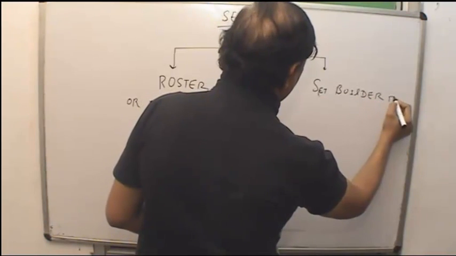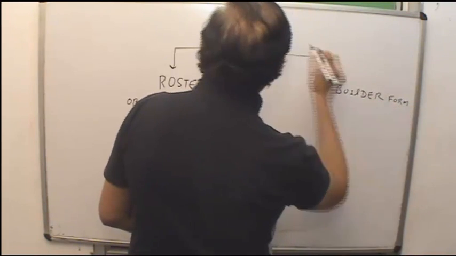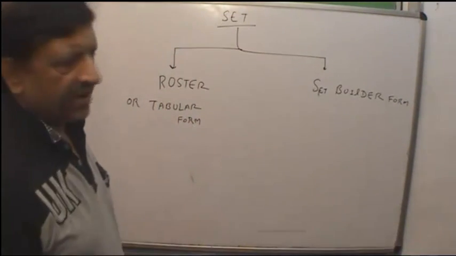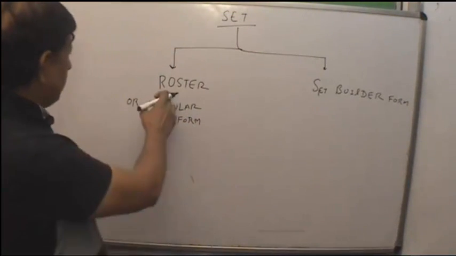Set builder. It is a well-defined collection of objects, right? How do we write the roster form?